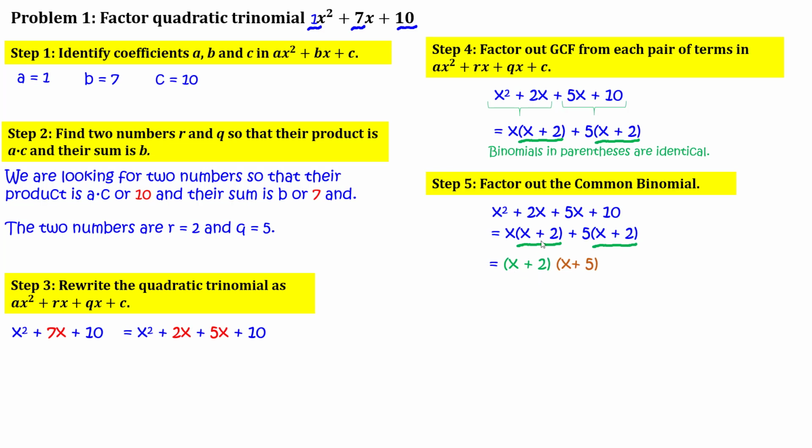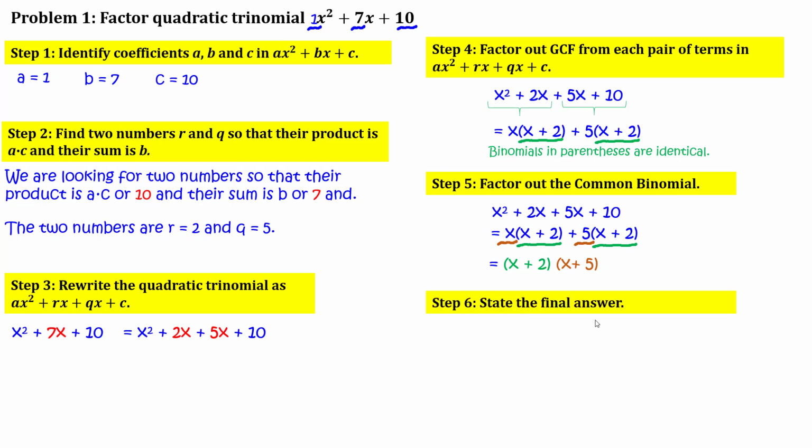Write x plus 2 in parentheses by itself, just the same way it's here. And then in a second set of parentheses, I'm going to write what's left over, an x and a plus 5. So what I get is in parentheses x plus 2 times in parentheses x plus 5. The first set of parentheses is the common binomial, and the second set is whatever is left over, so x plus 5 here. This is called factoring out the quantity x plus 2.